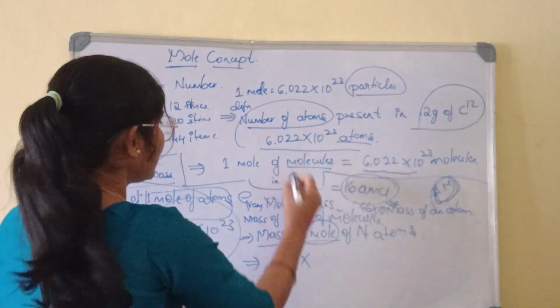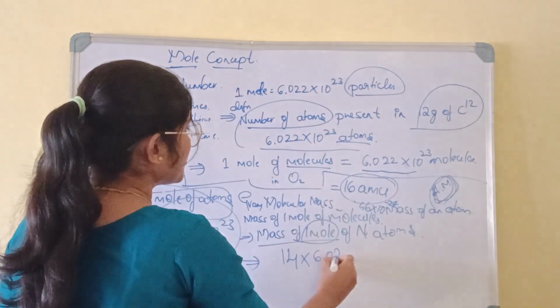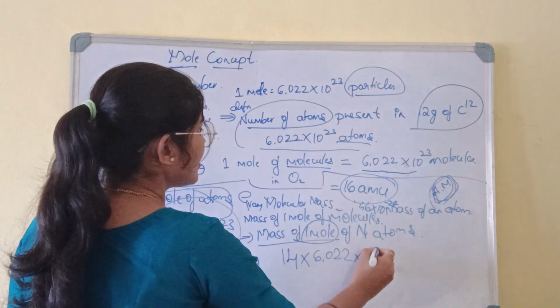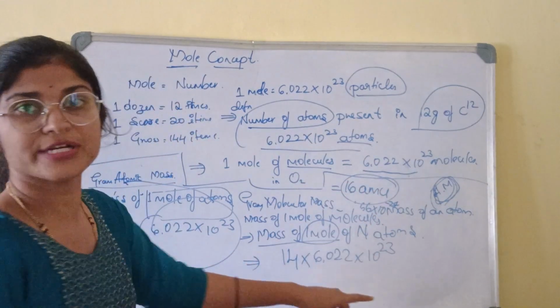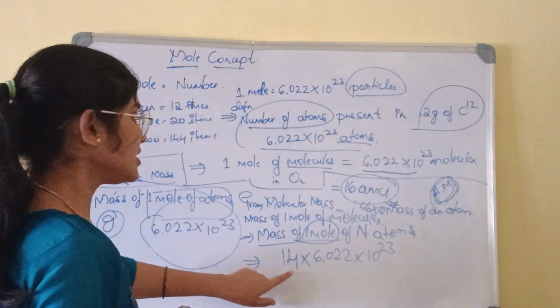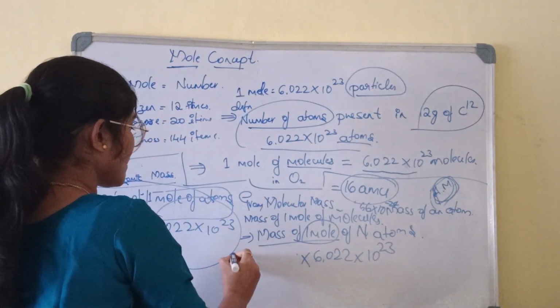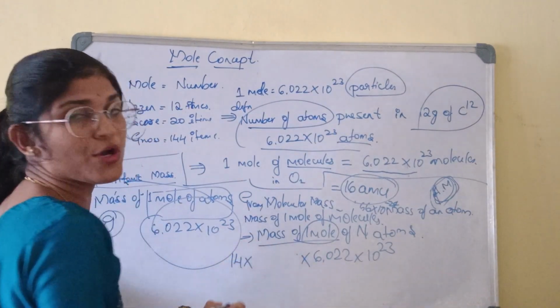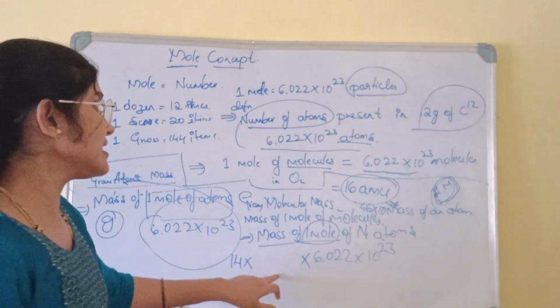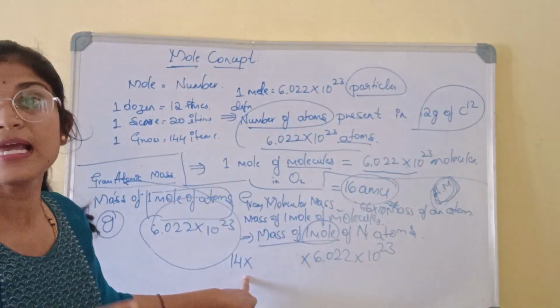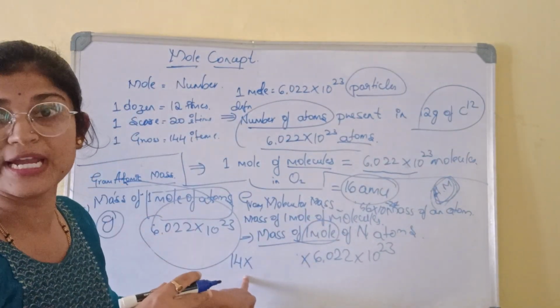1 mole is nothing but 6.022 into 10 to the power 23. The 14 AMU you should write as 14 into AMU.